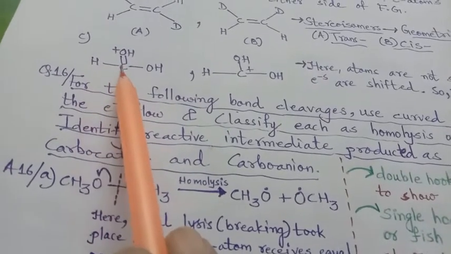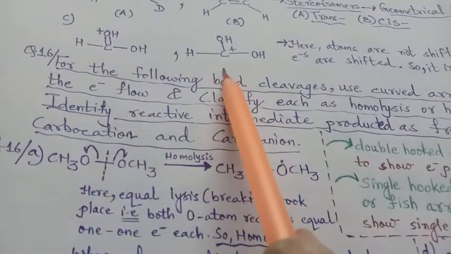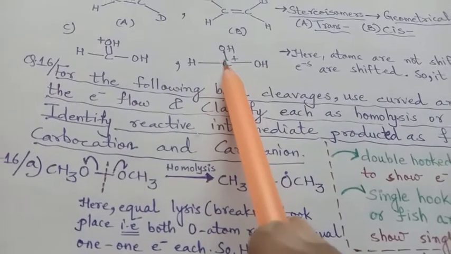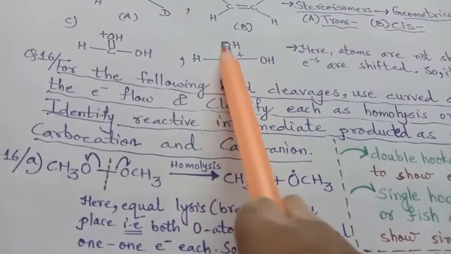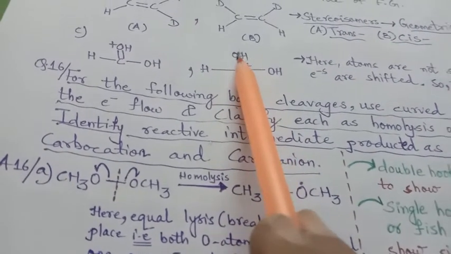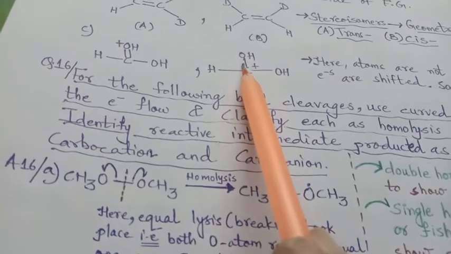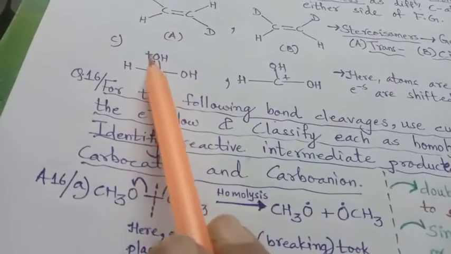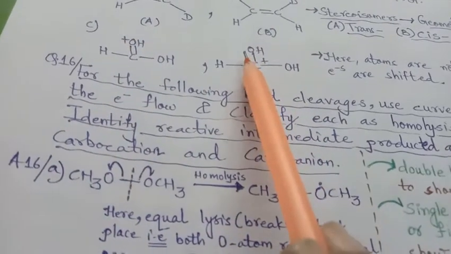Here it is 1, 2, 3, 4. But what about here then? 1, 2 and 3. It has already given its electron pair to the positive charge of the oxygen. So they are now neutralized because positive and negative are satisfied.